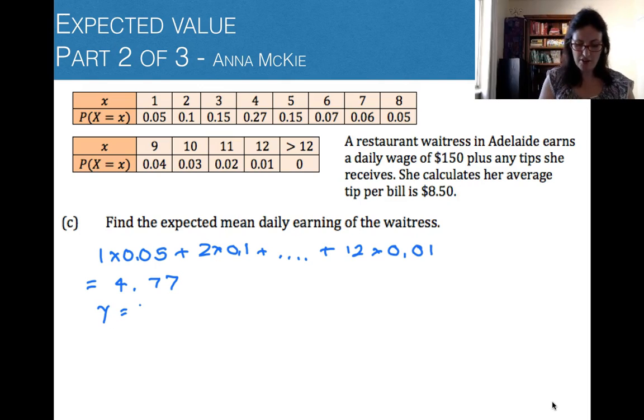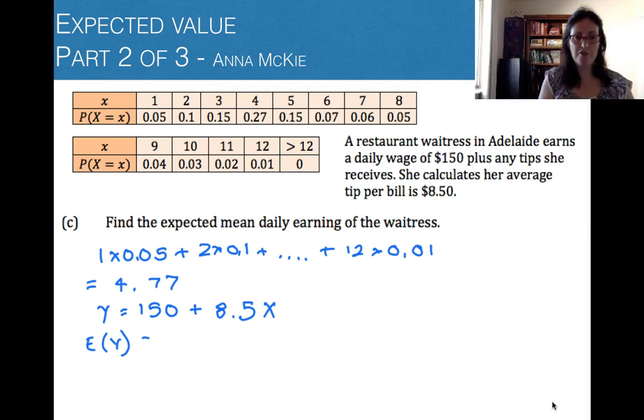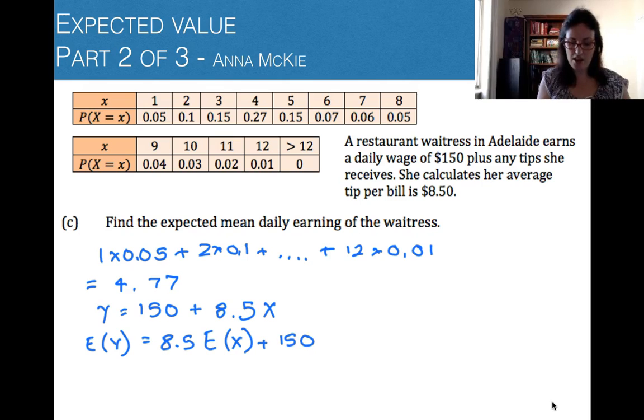So she'll always earn that $150, and then we're going to add on $8.50 multiplied by the expected number of tables. So if that was an equation, we might write it like that. And for the probability way of writing things, we might write 8.5 by the expected number of tables, adding on that 150.